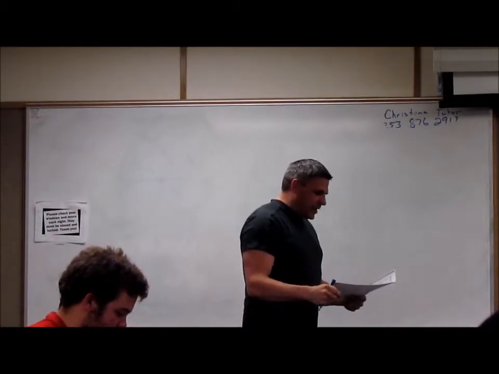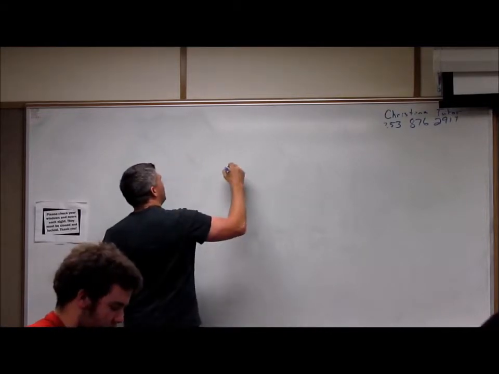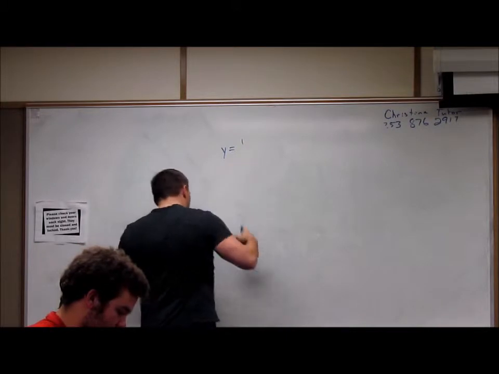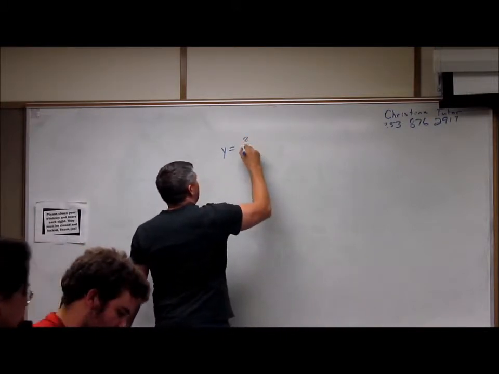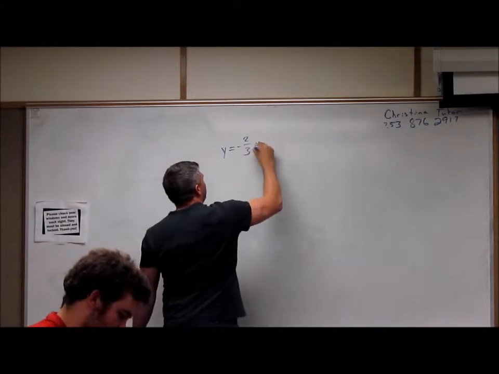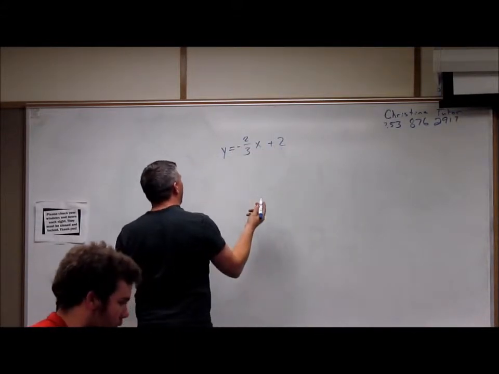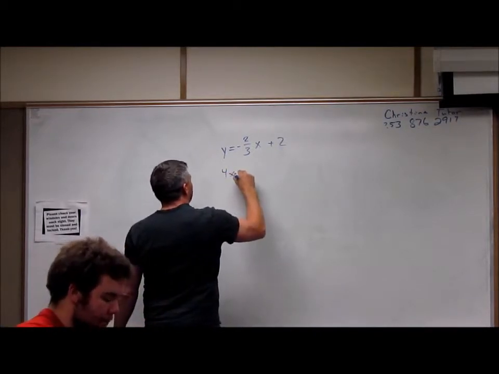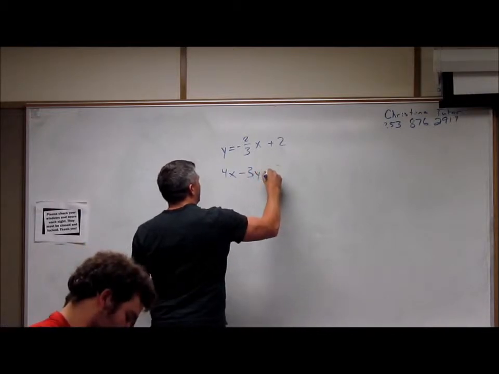The fun stuff is, say, something like 2/3 negative x plus 2, and I don't know, 4x minus 3y is 12.